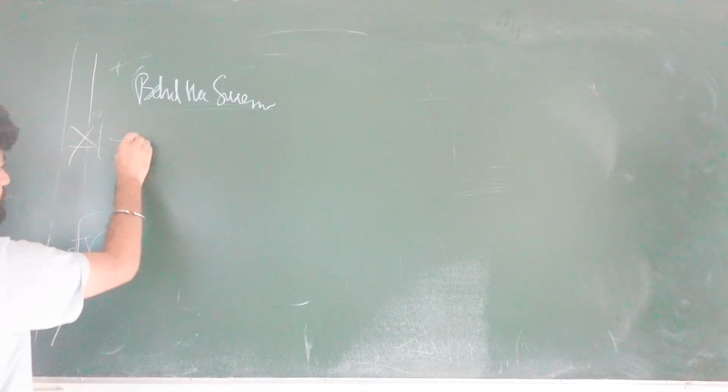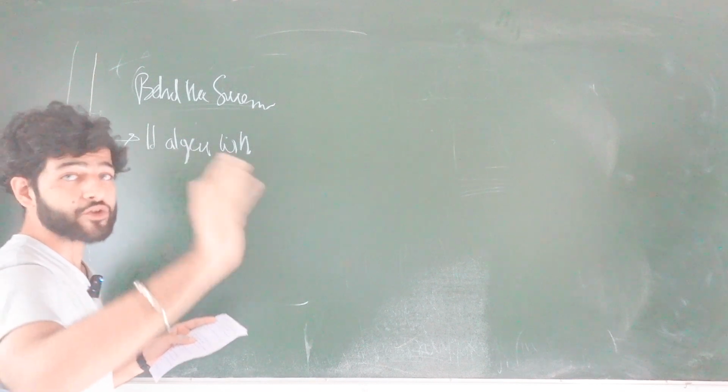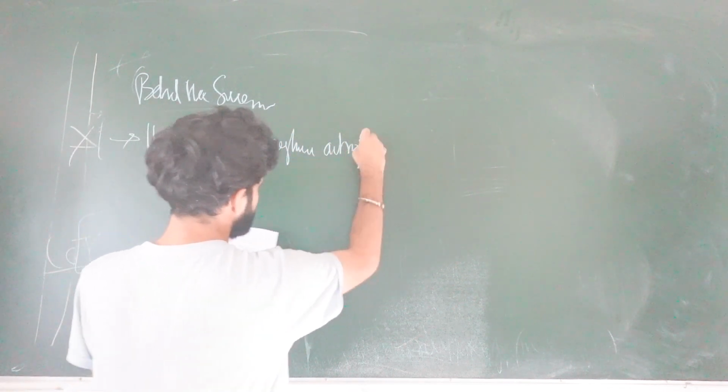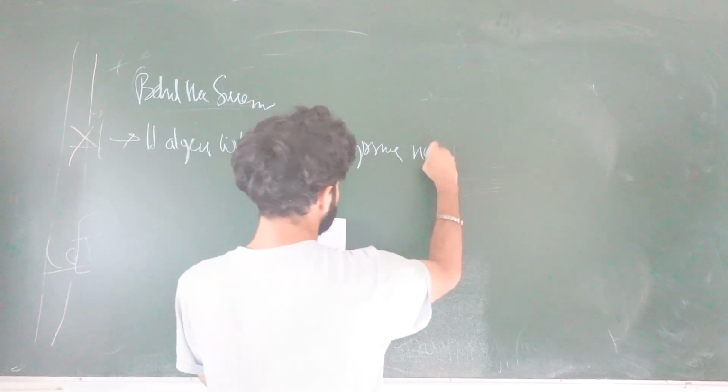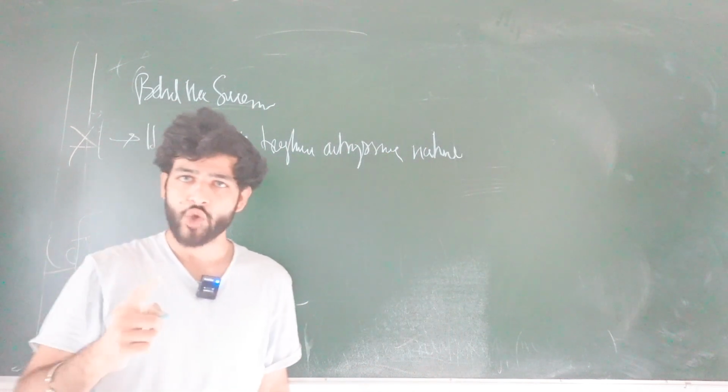So the first thing is it aligns with transformers. What is a transformer? That is going to be a complete video lecture. If you want, I can make a complete video lecture on it. It's going to be coming for sure. So it aligns with the autoregressive nature of transformers. That means you are predicting one token each time.